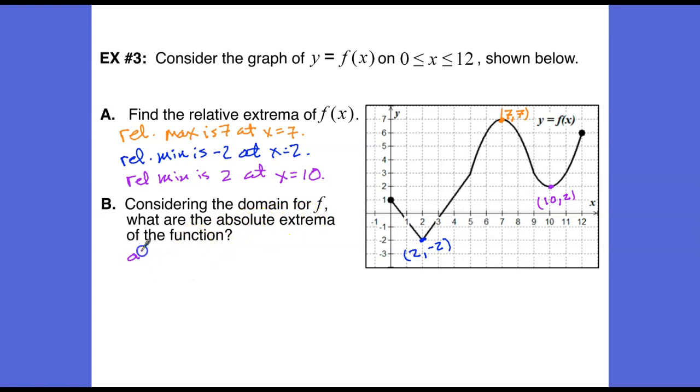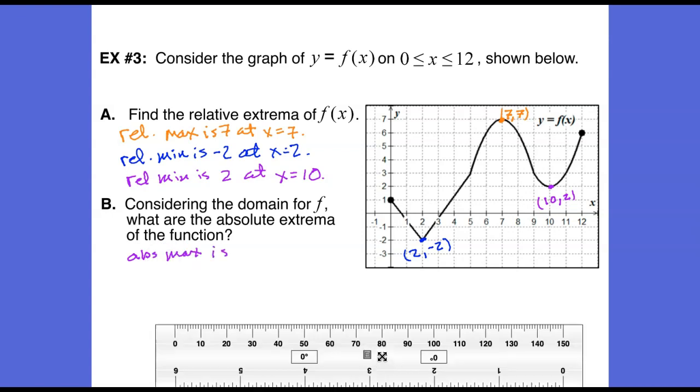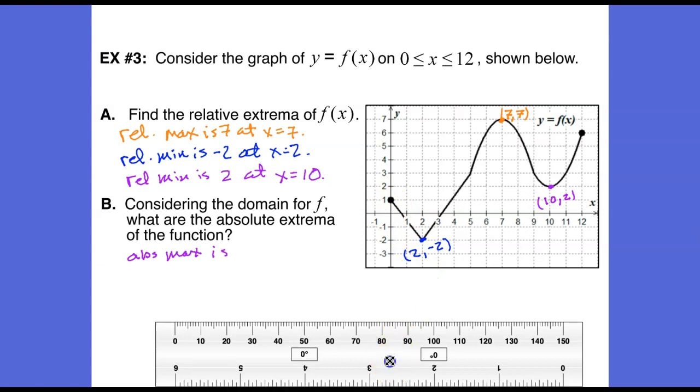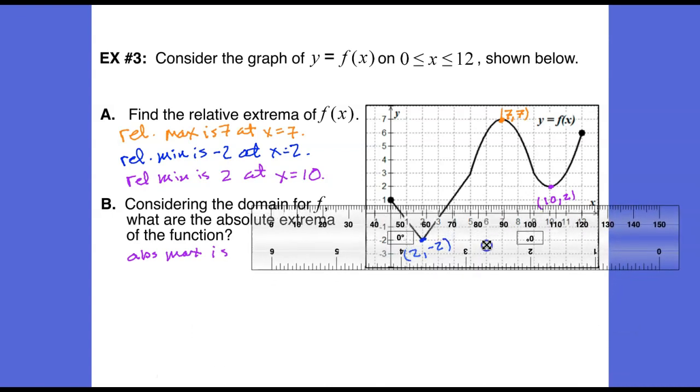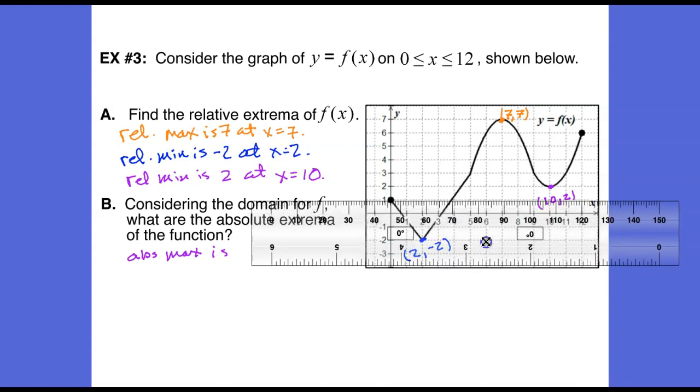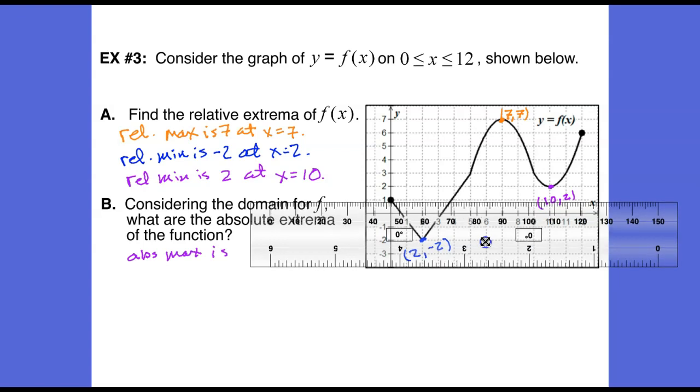Alright, well let's start with absolute max. So remember that on a closed interval, you always want to check the endpoints when you're looking for absolute extrema. And so going across, we can see that we have a y value of 1 located at x equals 0.